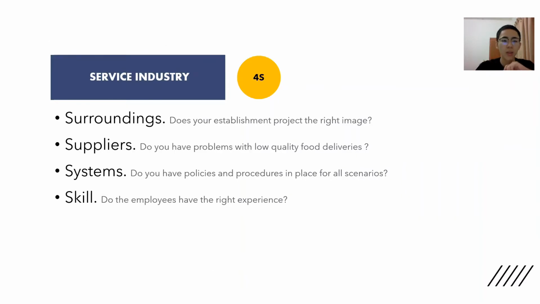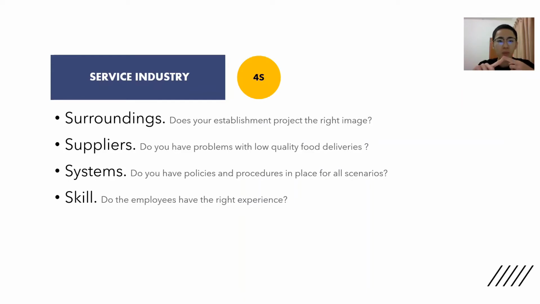And next we will talk about the service industry, for example Foodpanda or GrabFood, which we usually order from right now because of the COVID-19 pandemic. There are 4S for them, which are surroundings, suppliers, system, and skill. For the surroundings, does the establishment project the right image?